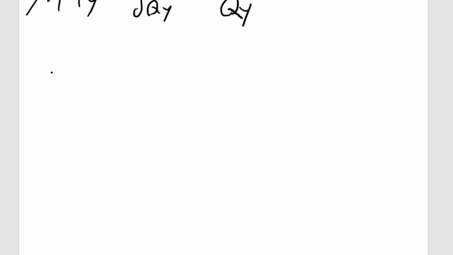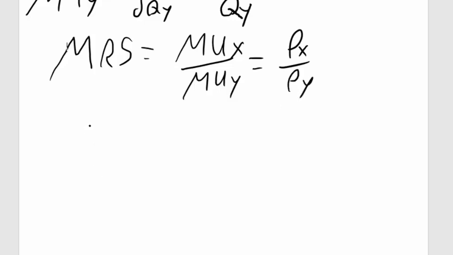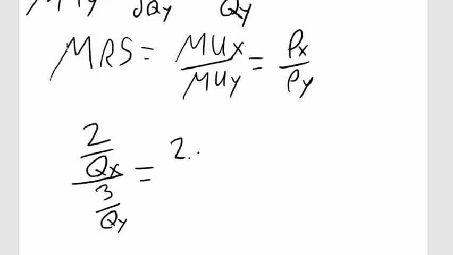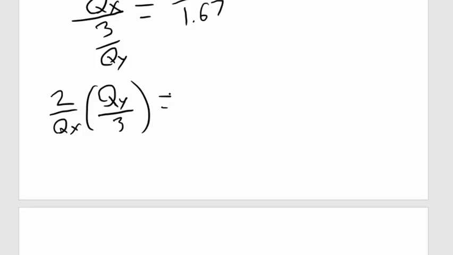So now that we know both our marginal utilities and both our prices, we can plug them back into our marginal rate of substitution, which again was marginal utility of X over marginal utility of Y equals the price of X over the price of Y. We know that the marginal utility of X was 2 over Q of X, and the marginal utility of Y was 3 over QY, and that was equal to $2.40 for the price of X over $1.67 for the price of Y. So simplifying, for the left side, we can have 2 over QX times the reciprocal of the bottom, because we're dividing fractions, QY over 3, and we can set that equal to 1.44.